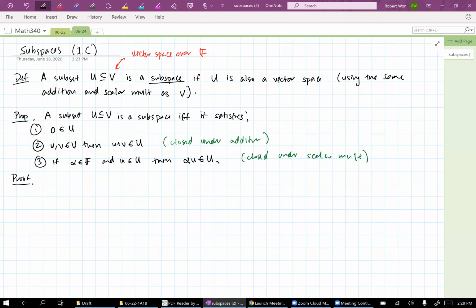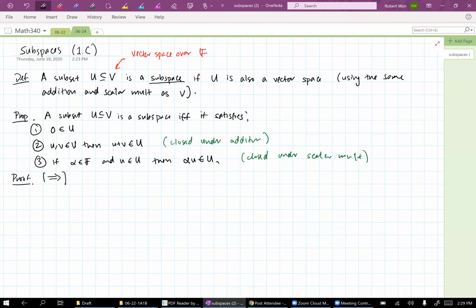So if U is a subspace, then by definition, it's a vector space using the same addition and multiplication as V, right? So 2 and 3 are automatic by the definition of a vector space. If U is itself a vector space, then it needs to be closed under addition. Every vector space has to have some operation called addition, and it needs to be closed under it.